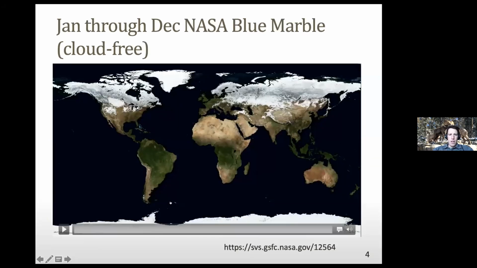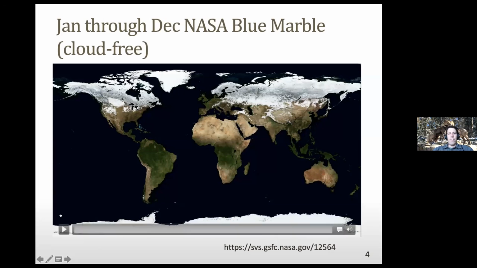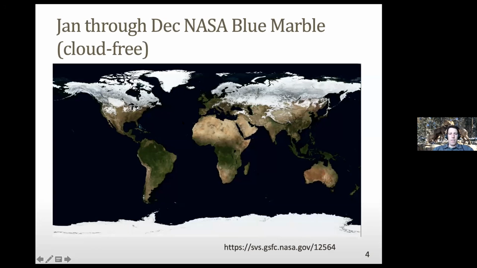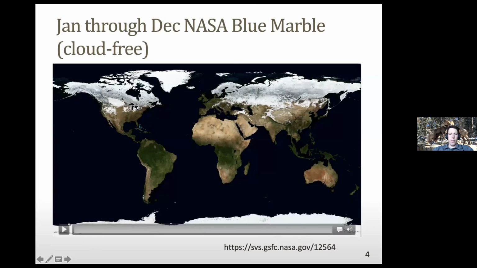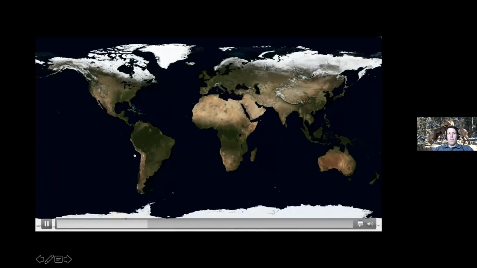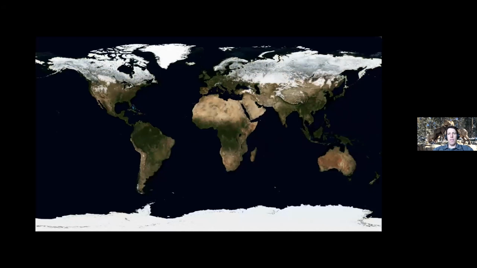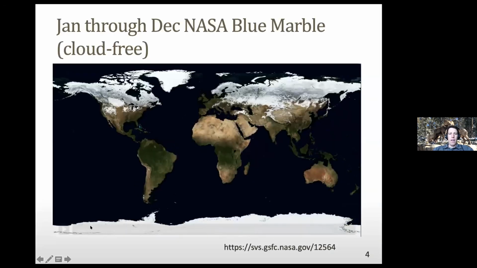Here's an image, or a video actually, of January through December, a cloud-free picture of Earth. And this is pretty cool because there are a lot of clouds. Earth is a cloudy planet, and it makes it difficult to see what's going on the surface, right?